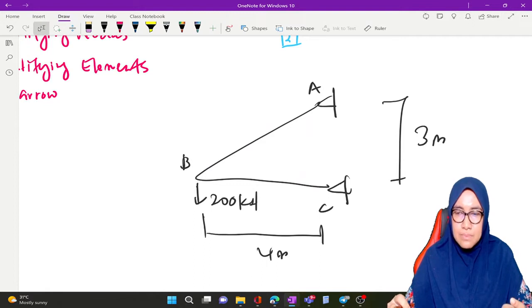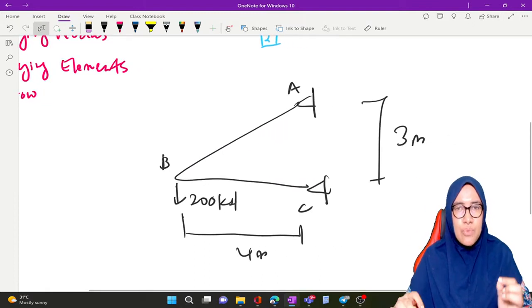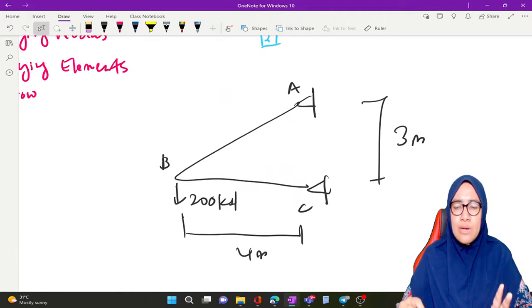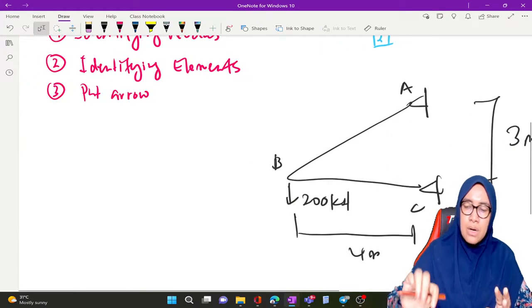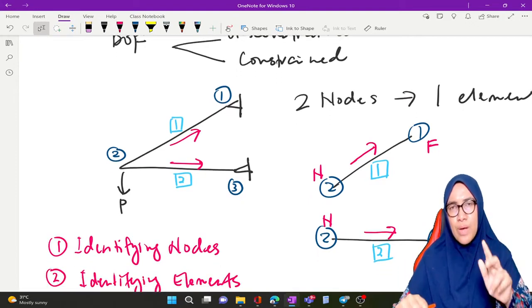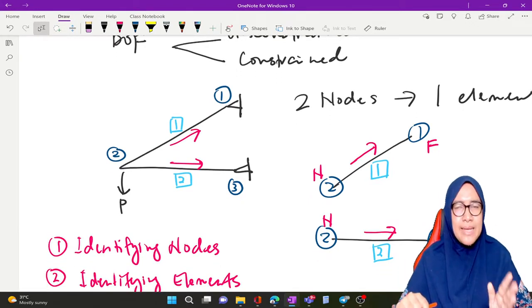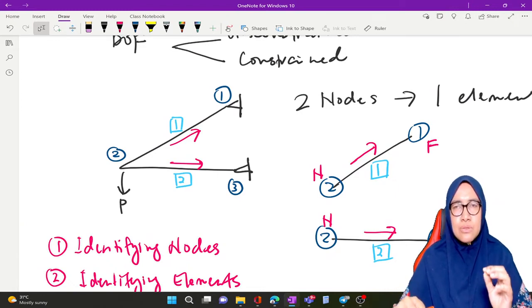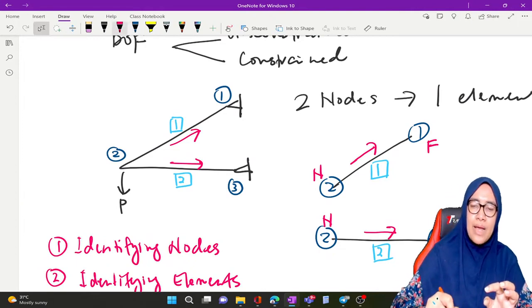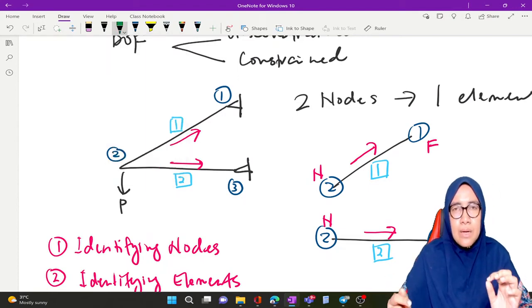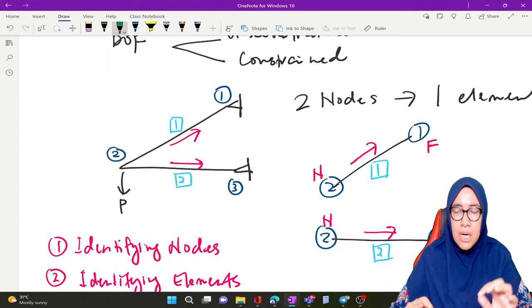So what should we do? Number 1, choose one node as origin. We have 3 nodes: 1, 2, and 3. And this is only a tip whenever we want to choose the origin.